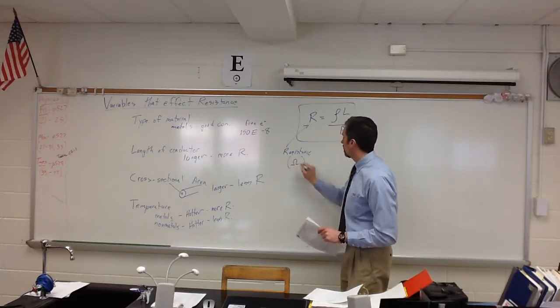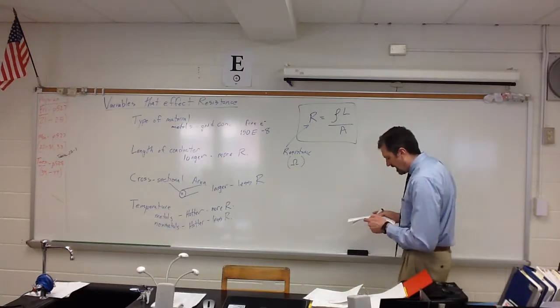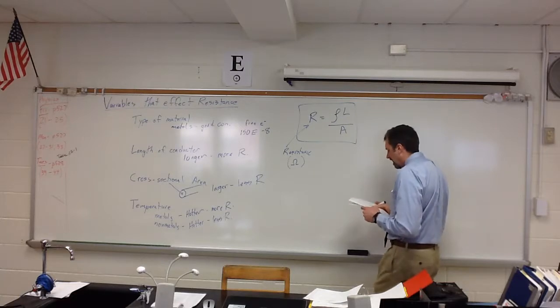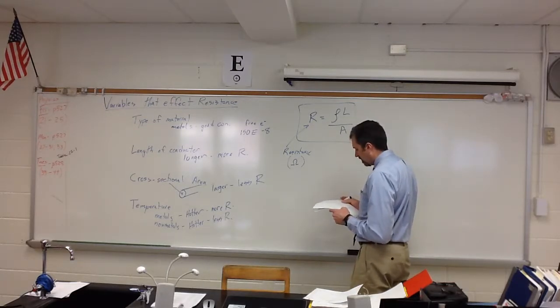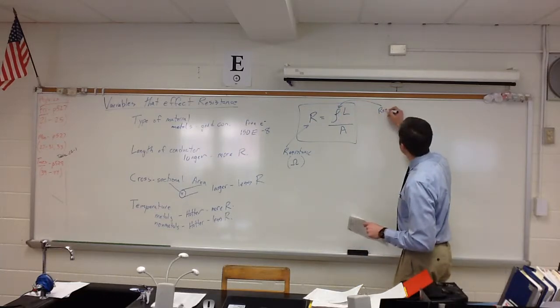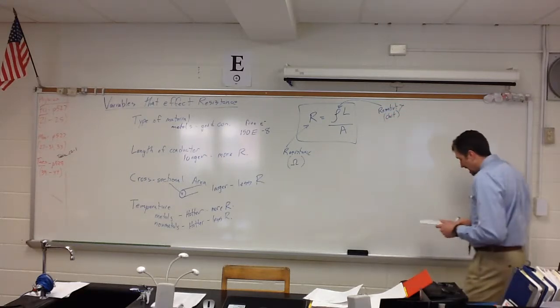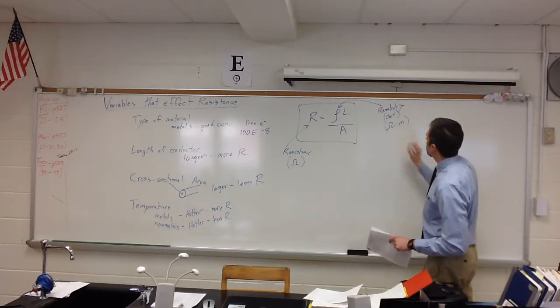Let me try again. There. Resistance is in ohms. That funny rho is actually the resistivity, and you can find that on the chart on the same page. And resistivity is in ohms times meters as units.